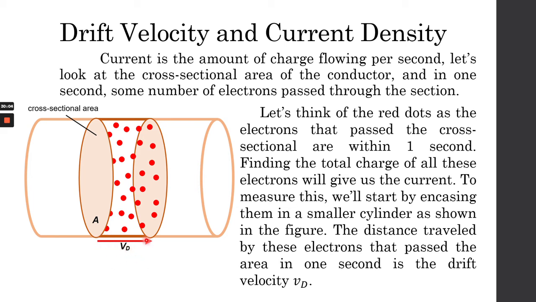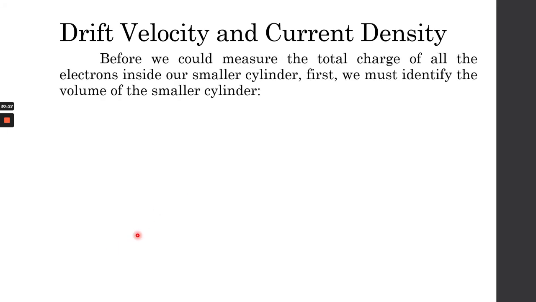This is the length traveled by the electrons over 1 second, and length per second is a velocity, and the velocity of these electrons is the drift velocity. So the volume of the cylinder is basically equal to A multiplied by Vd.